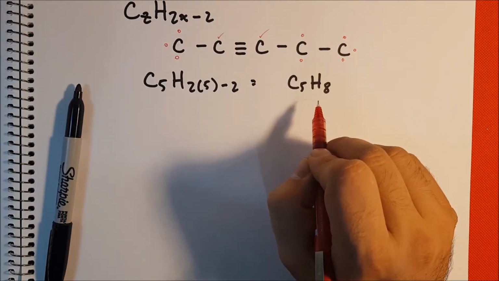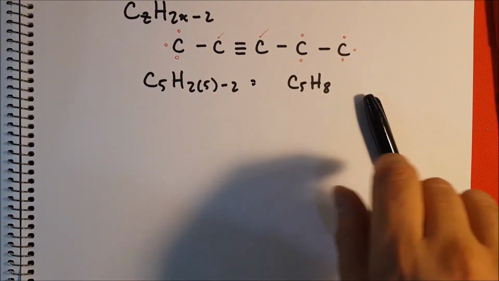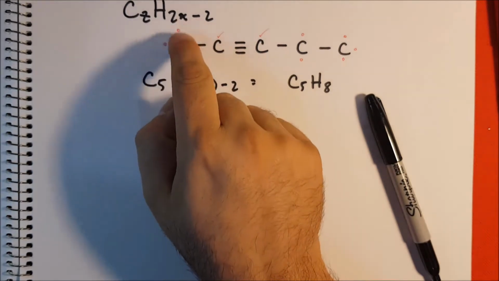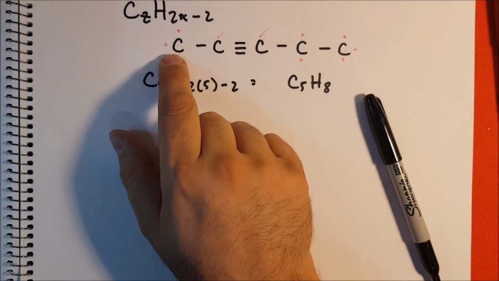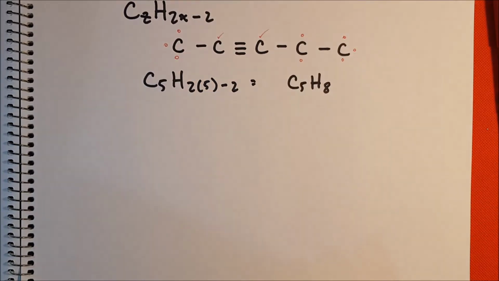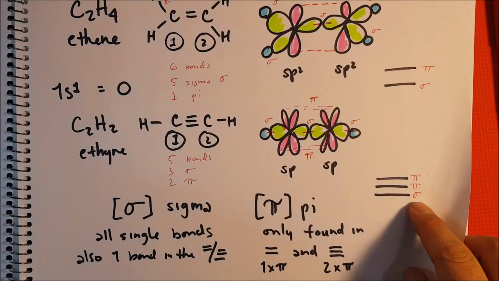Okay. Now, a quick mathematical way to do this is remember that the hydrogens are establishing a single bond with each of the carbons. And if we look at our previous page, each triple bond has 2 pi bonds and 1 sigma.